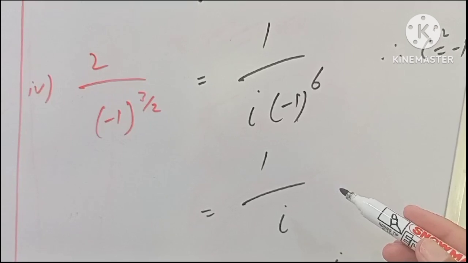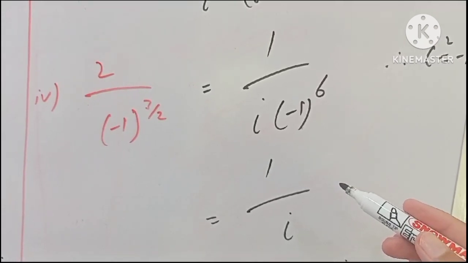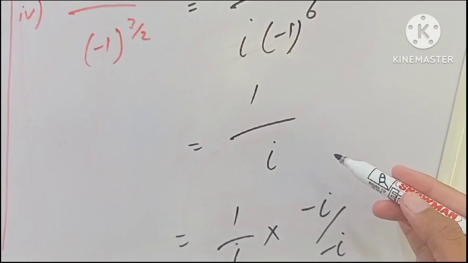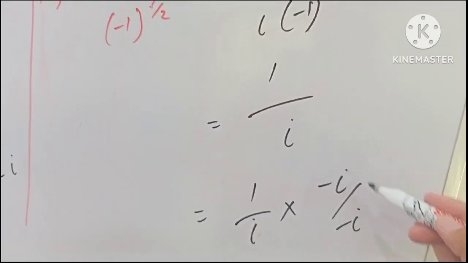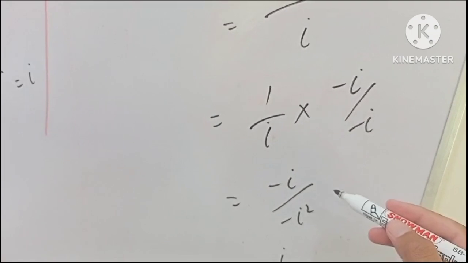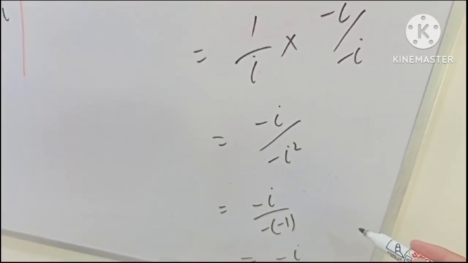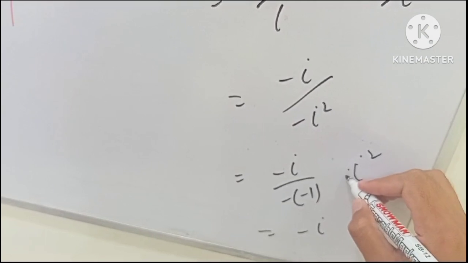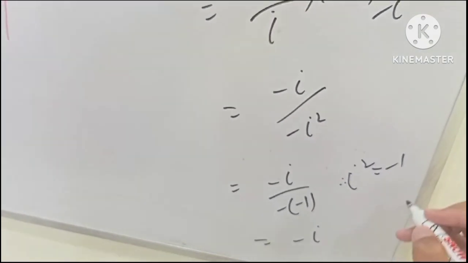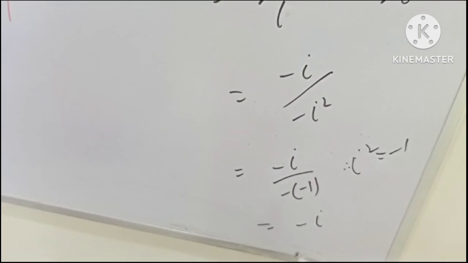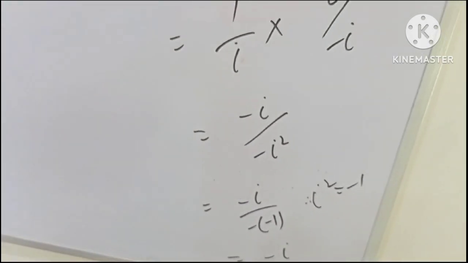Now we have to multiply and divide with its conjugate. 1 over iota, its conjugate is minus iota. We are multiplying and dividing by its conjugate, and it becomes minus iota over minus iota square, as we know that iota square is equal to minus 1. So putting the value of iota square, minus minus plus, and minus iota is the answer.